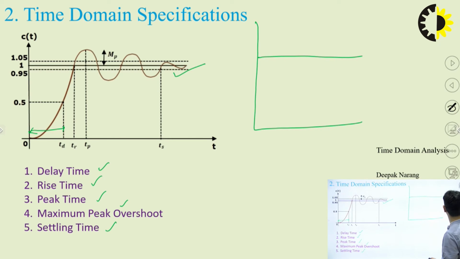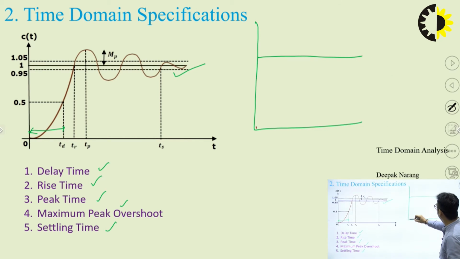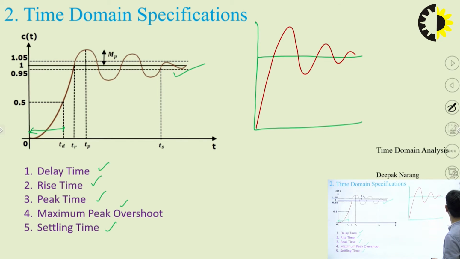Delay time is the time required by a system to reach 50% of its final value. If this is the final value, how much time is taken by the system to reach its 50%? This represents its delay time.